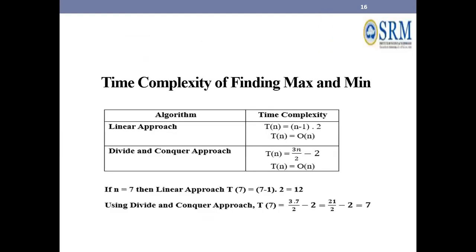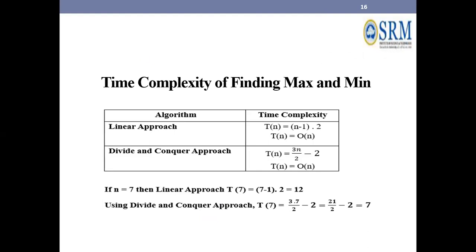Time complexity of finding max and min: in the linear approach, T of n is equal to n minus 1 into 2, so T of n is order of n. And in the divide and conquer approach, T of n is equal to 3n by 2 minus 2. This is also order of n.